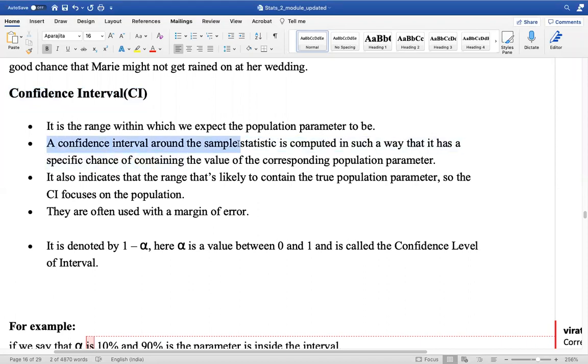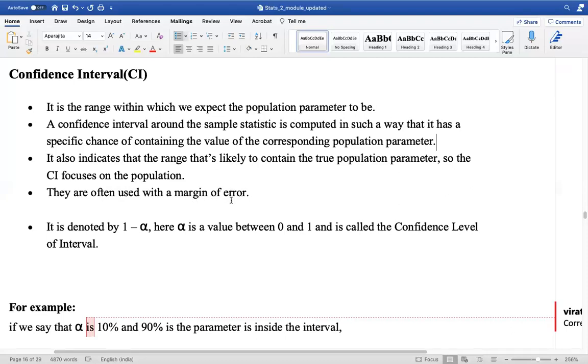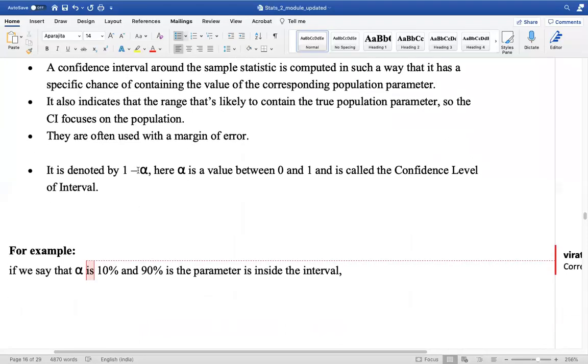The CI around the sample statistic is computed in such a way that there is a specific chance of containing the value of the corresponding population parameter. It indicates that the range likely contains the true population parameter, so it focuses on the population. They often use the margin of error, denoted by 1 minus alpha, where alpha is a value between 0 and 1.